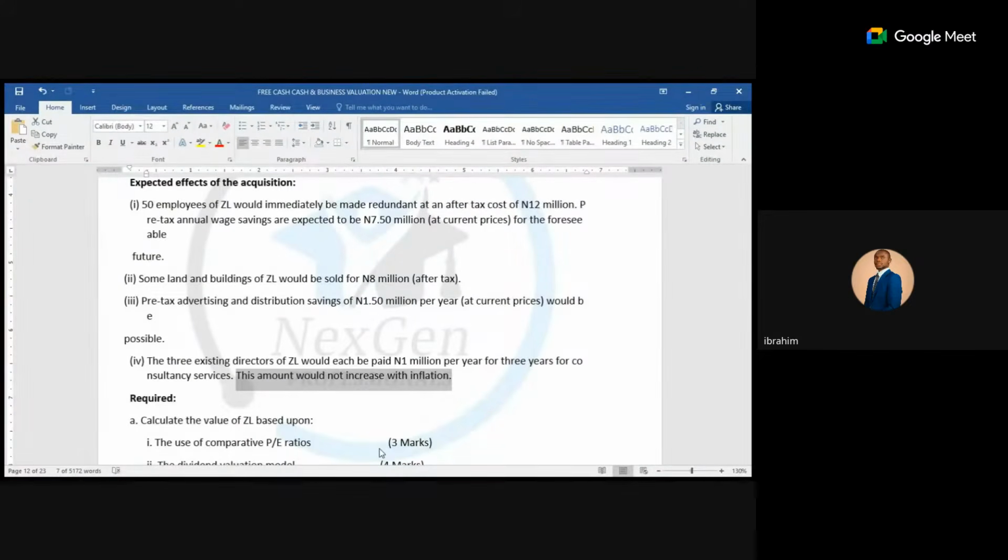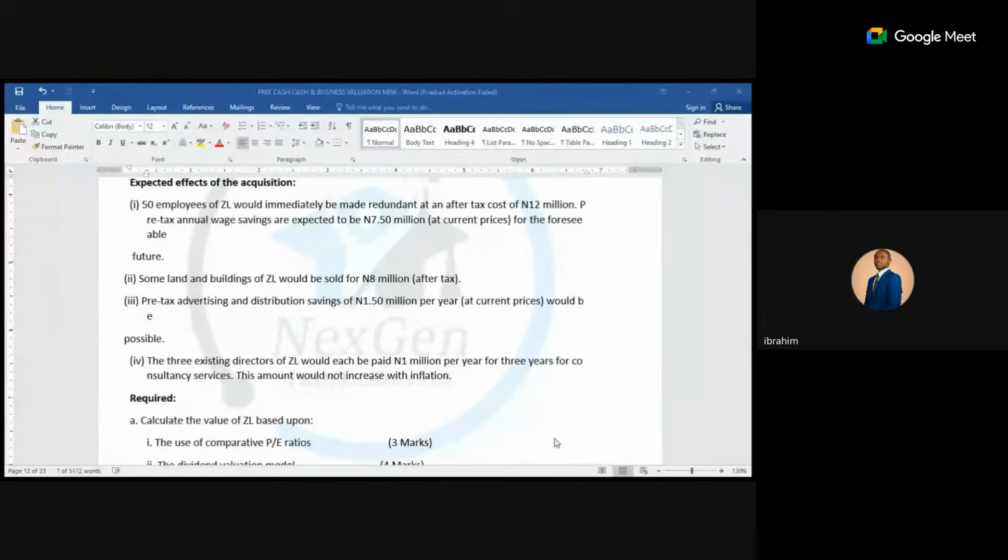Now, the amount would not increase with inflation. It means for the whole 3 years, the amount will remain the same, no growth. It means it will remain 1 million throughout the period, right?